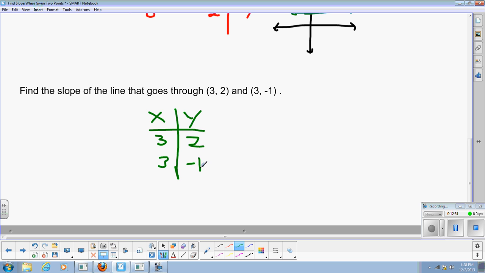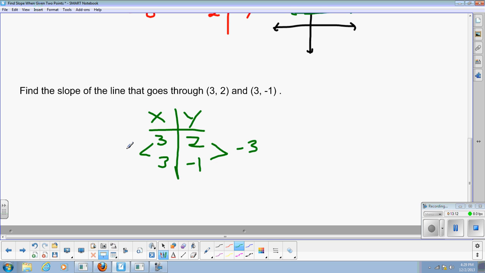And if you're looking for some pattern already, you should notice something in the x column. But let's pay attention to our y column. 2 to -1. How much change is there? 2 down to 0 is 2. 0 to -1 is 1. So that is a change of 3. Positive to negative means I'm going -3.